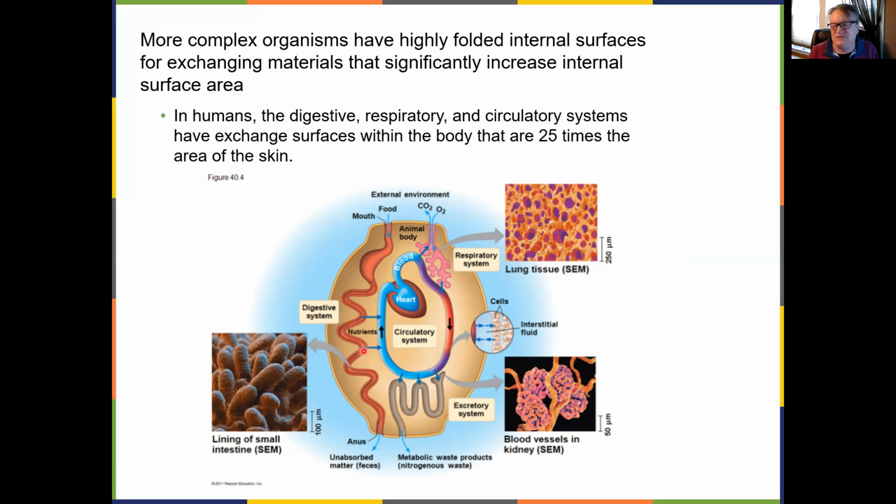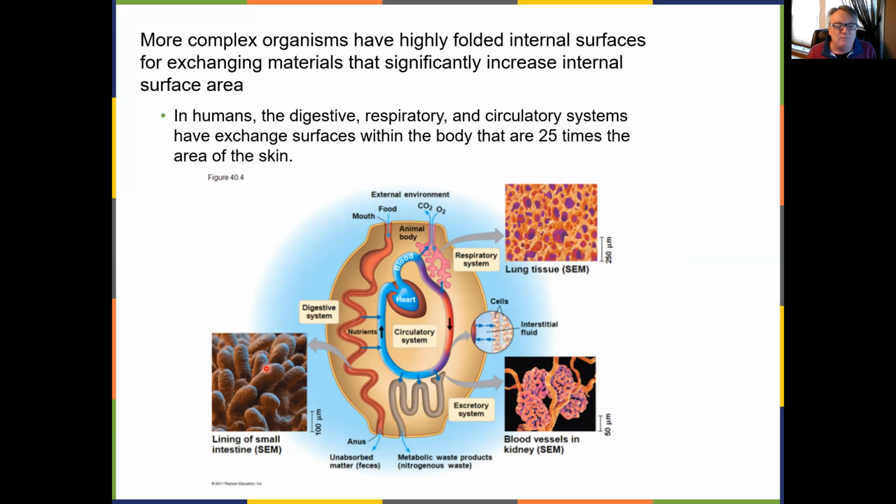But even more so, if we microscopically zoom in on the details of the lining of the digestive tract, over here on the bottom left-hand side is what it looks like with a scanning electron microscope.